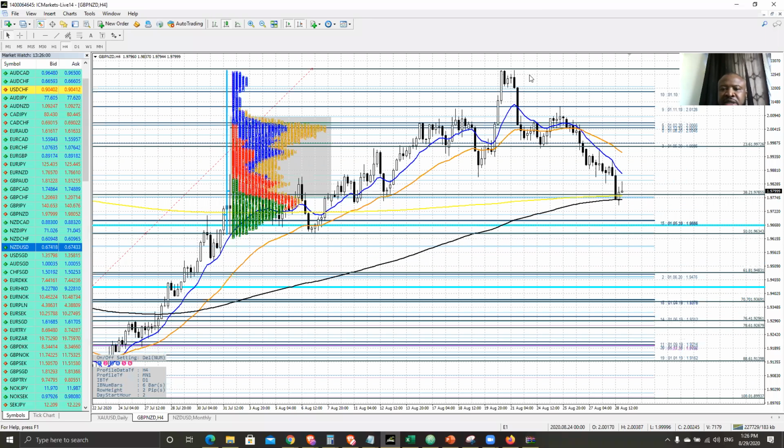Anytime price is coming down and getting to the lower band area over here, it kind of offers some potential reasons for traders to be a buyer, all right? And then another reason is we have the 200 EMA over there, okay?